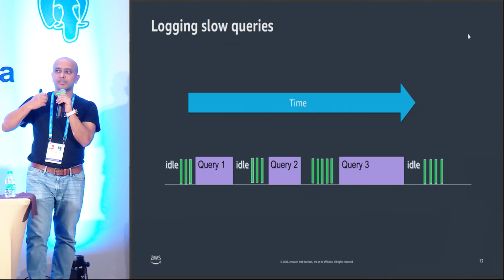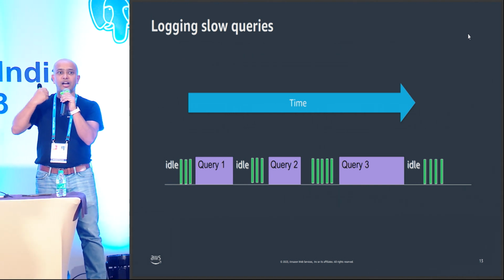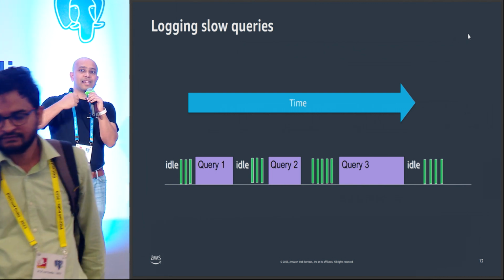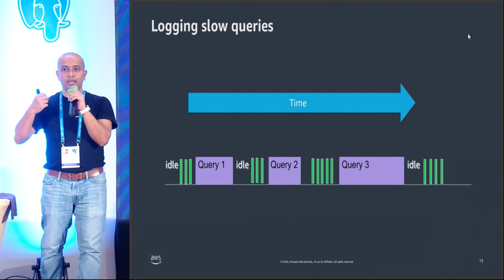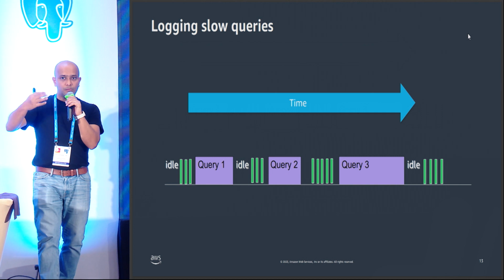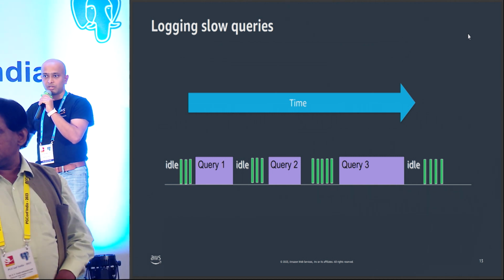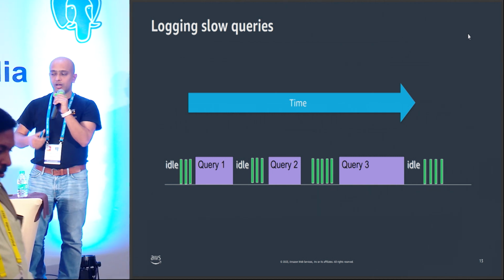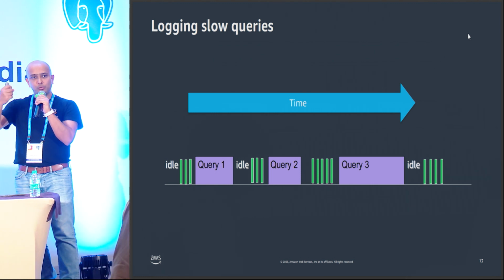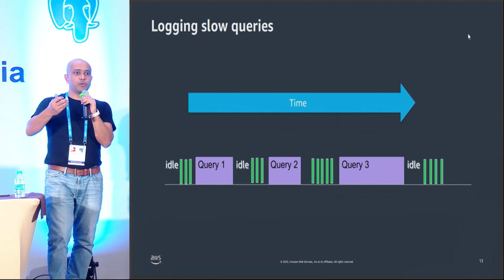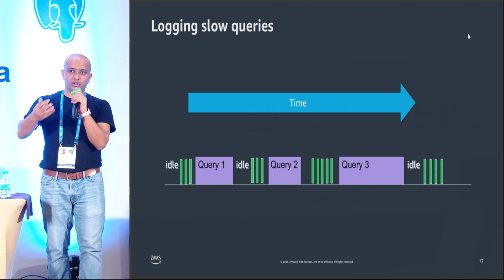But the query that is running every second in hundreds of connections and taking 100 milliseconds each time, that is the query where you need to put your tuning efforts if you're trying to identify a bottleneck. And you miss that data point because this query is not slow enough to be logged.